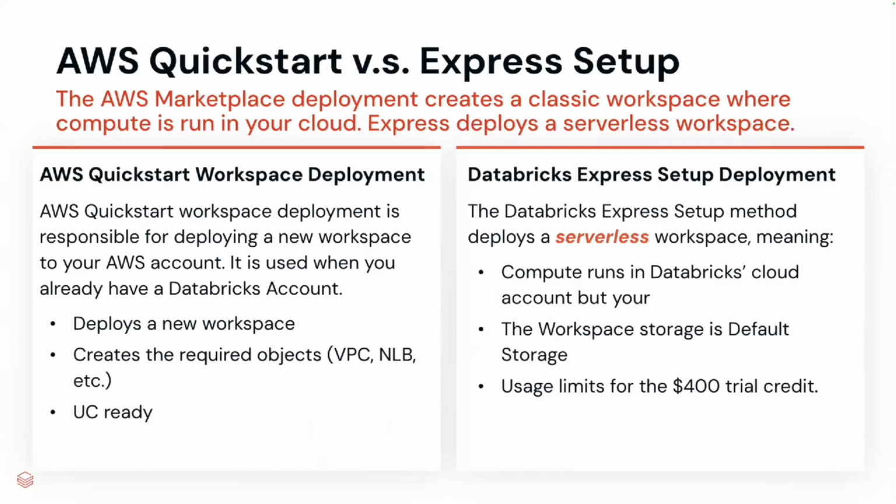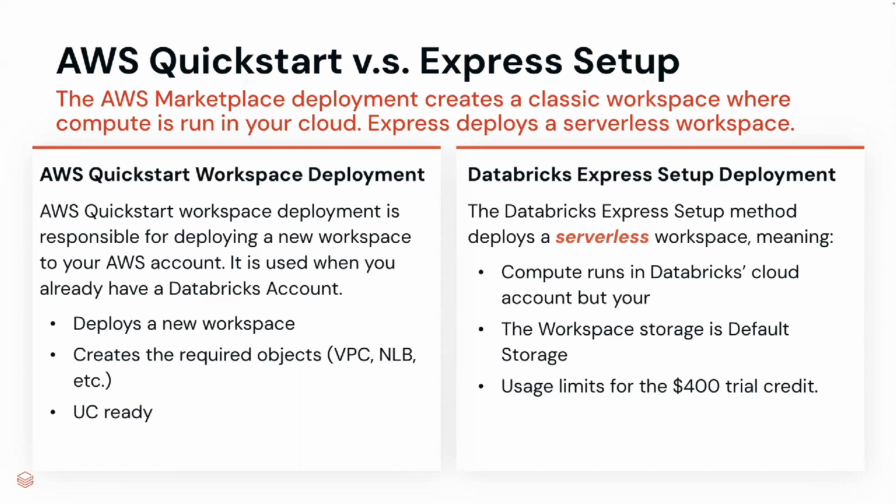So, what is an AWS Quick Start versus an Express setup? This Quick Start is a way to quickly deploy new workspaces within your Databricks account using a prepackaged bundle that takes care of many of the steps for you. Whereas a Databricks Express setup is a serverless deployment of both the new account and workspace itself.